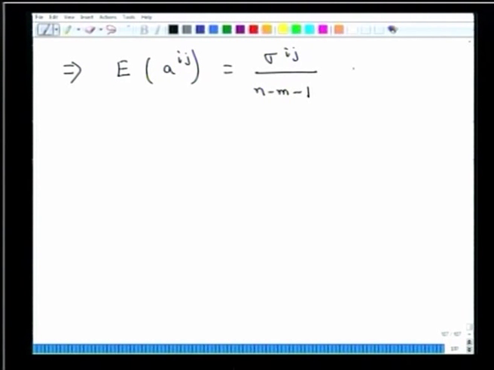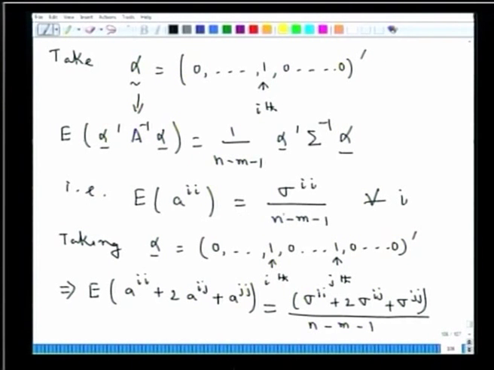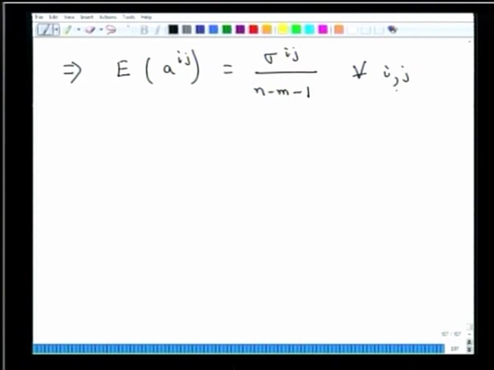So what have we proved? This is going to be true for every i and j, so these are the off diagonal entries and these are the diagonal entries. This is true for every i equal to 1 up to m, and we have this for every ij equal to 1 up to m. So this would imply that expectation of A inverse, since every element has its entry there, would be given by sigma inverse by n minus m minus 1.